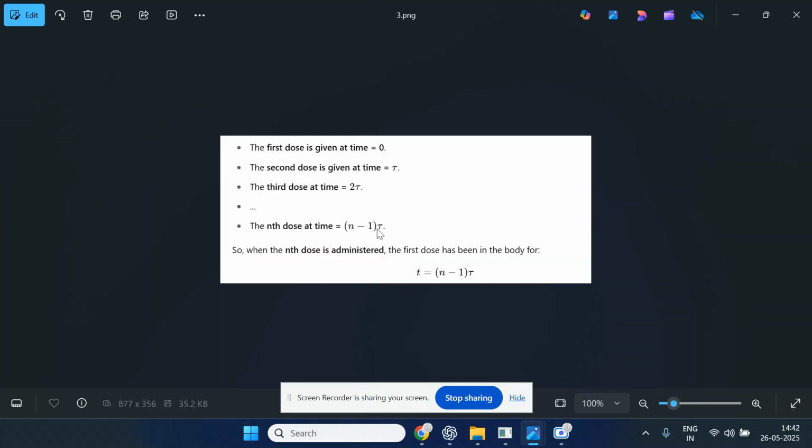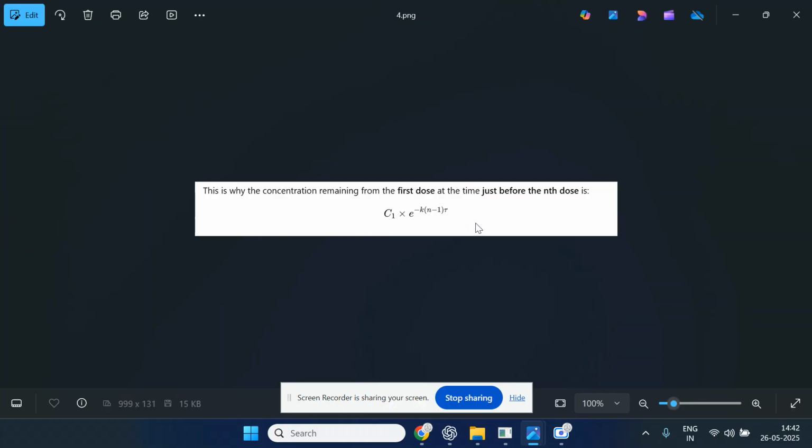So you get it. Now we have learned that at time t, plasma concentration is C naught into e to the power minus k into t.